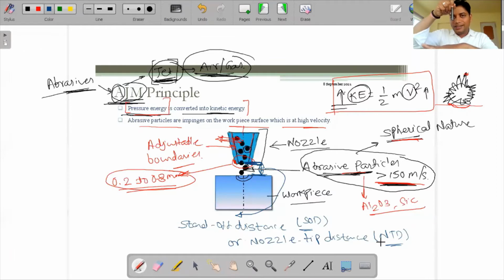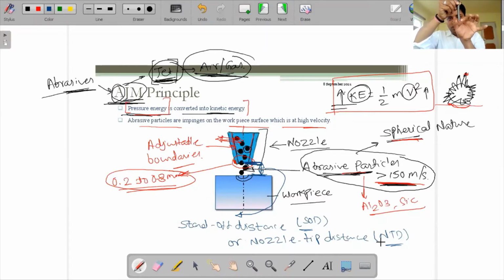As we increase this distance, the abrasive particles coming out through this nozzle will try to spread, and they will move like this.